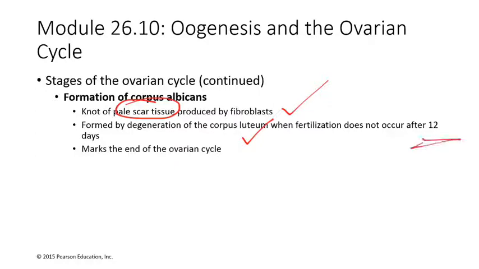So there's that 12 days. If after 12 days implantation has not occurred and there was no embryo, then that will bring an end to the corpus luteum. It becomes the corpus albicans, and this will be the end of the ovarian cycle, and now we go back to the follicular phase.